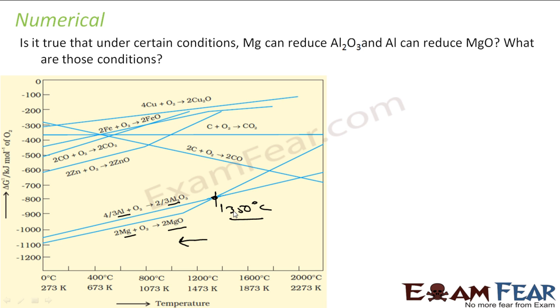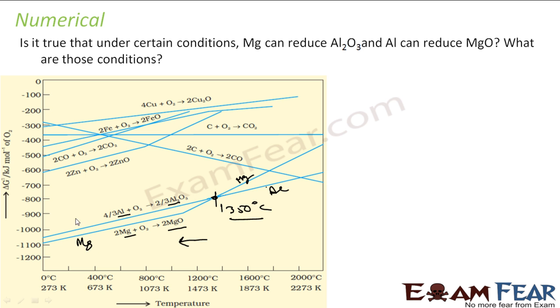Any temperature below 1350 degrees Celsius, magnesium will be able to reduce aluminum oxide, Al2O3. Any temperature above 1350, this is the line for Mg and this is the line for Al, so aluminum will be able to reduce magnesium oxide, right?